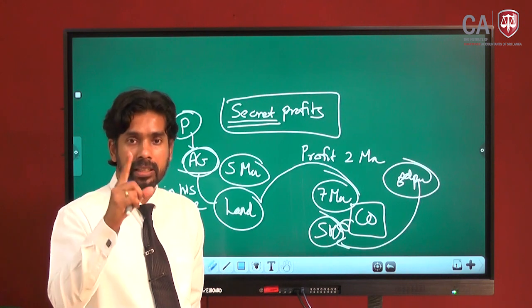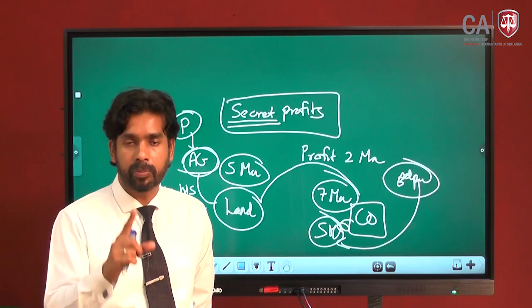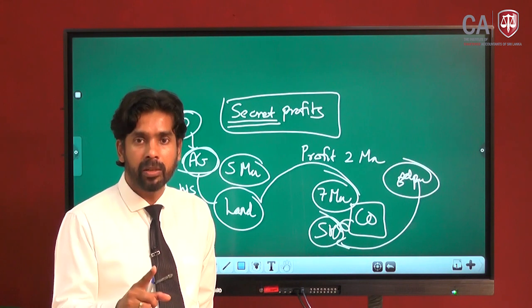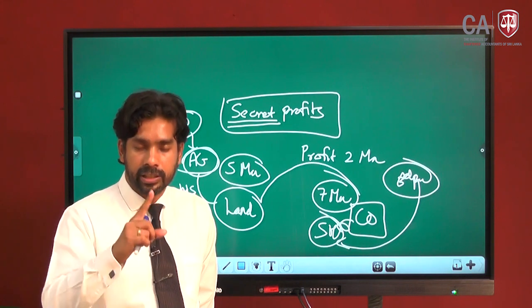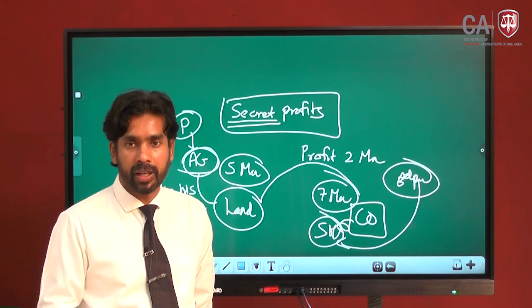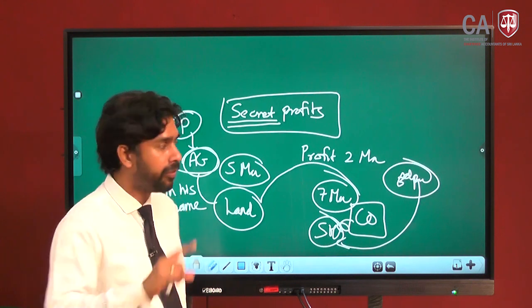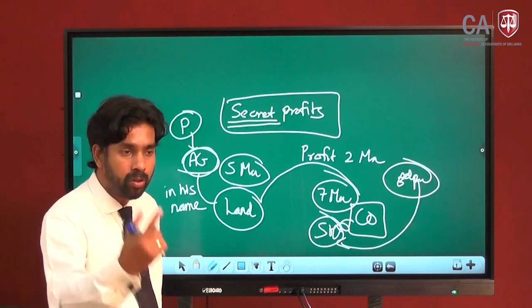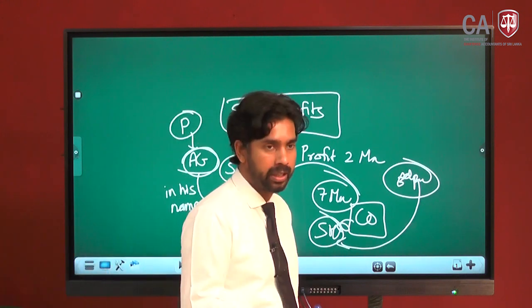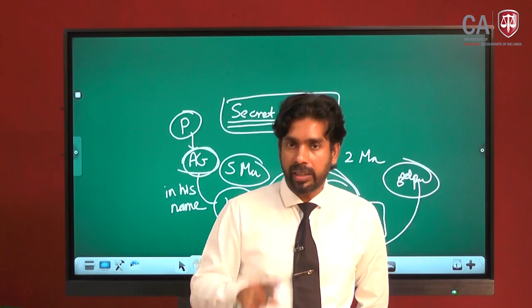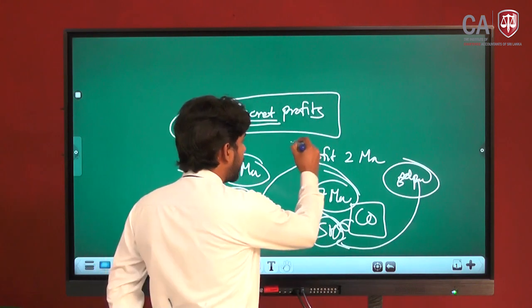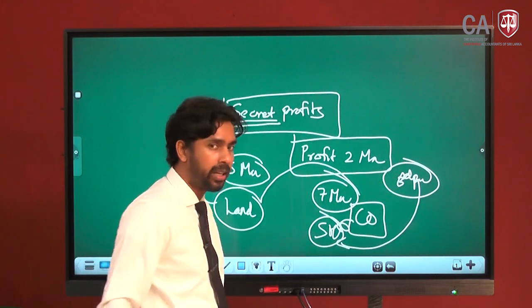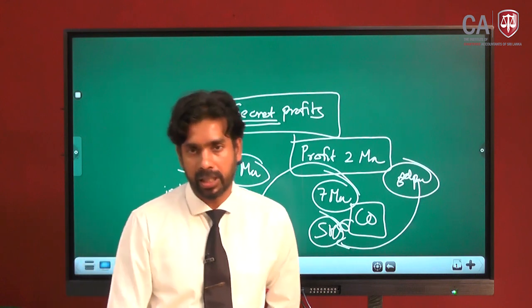So here he is in breach of his duty as a promoter because he is not permitted to generate any secret profit. Whatever the transaction, if he has got involved in any transaction, it must be disclosed to the company and its shareholders. Since he has failed to do that, whatever the secret profit that he has generated, he has to return it to the company.